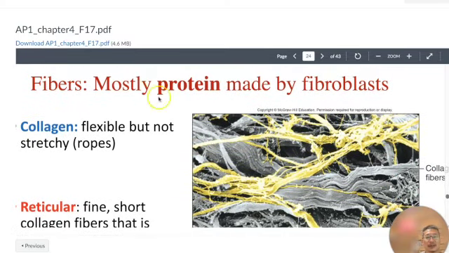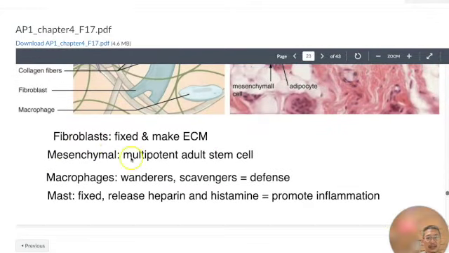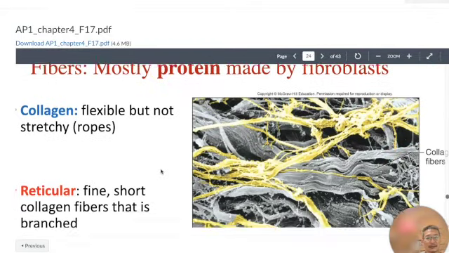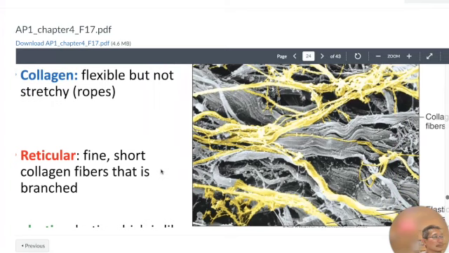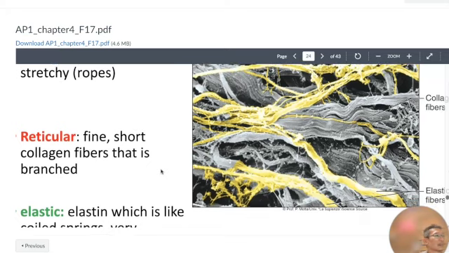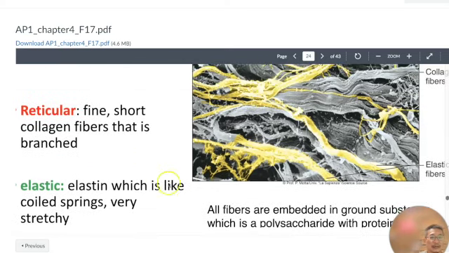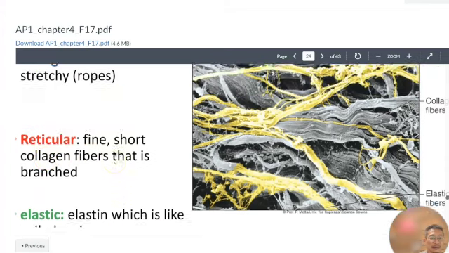Fibers, mostly protein made by the fibroblasts. We saw fibroblasts. Collagen, reticular, and elastic. Reticular are fine, short. Collagen fiber, that is branch.